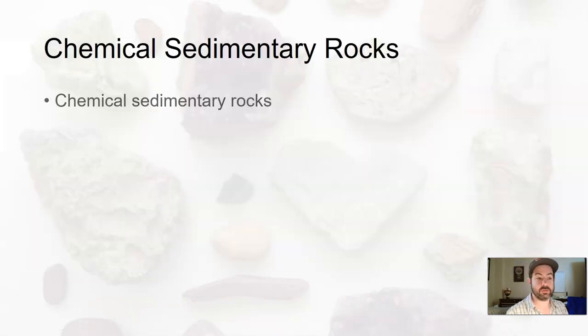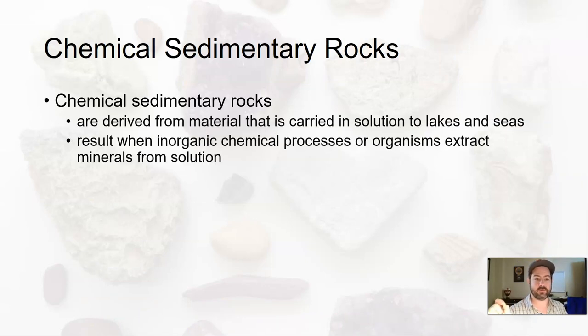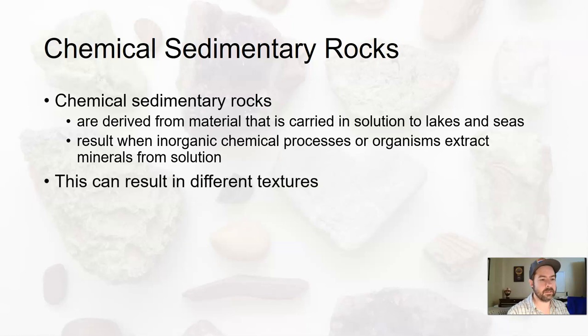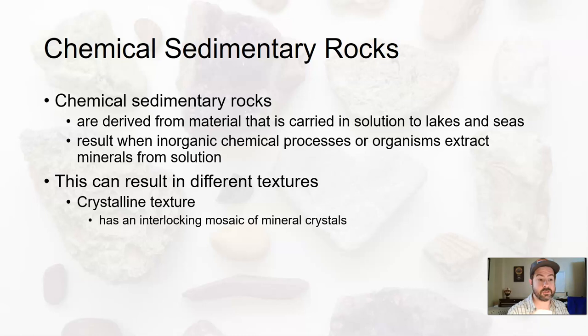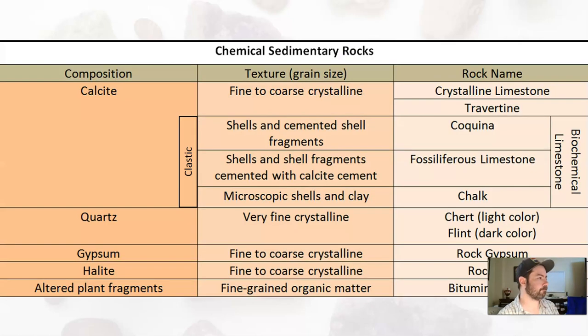And then we have chemical sedimentary rocks. Again, they're derived from material that's carried in solution to lakes and seas, where the water evaporates out, leaving behind the sediment. So this can result in different textures. You can get a bit of a crystalline texture in this case. You can get a clastic texture as well, but it'll be more biological, shells cemented together.